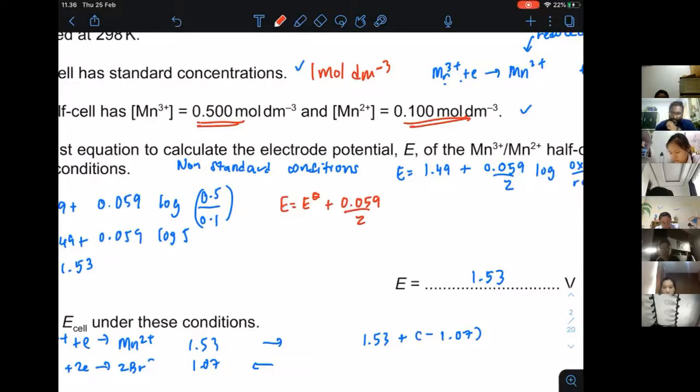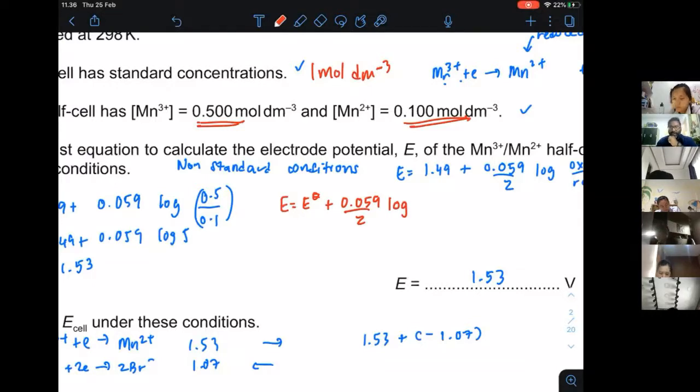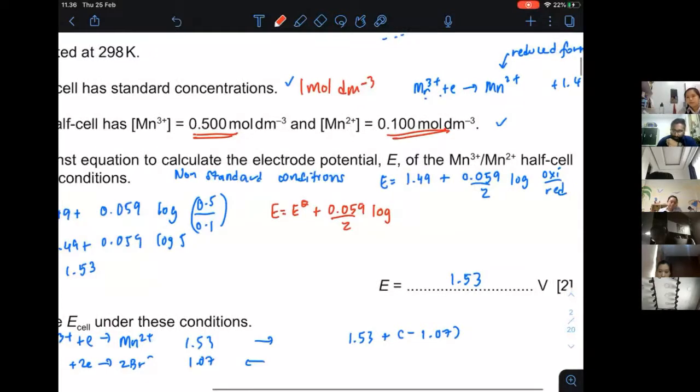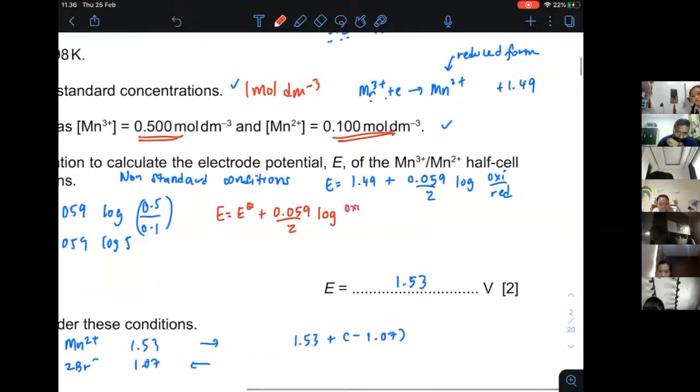Then you multiply by log of the oxidized form. Normally in your book, and in my PowerPoint slide also, I put log oxidized form, but please remember, we didn't put the reduced form because in that textbook example they put it as a metal.